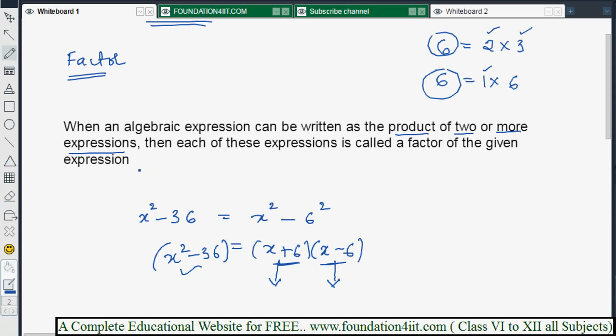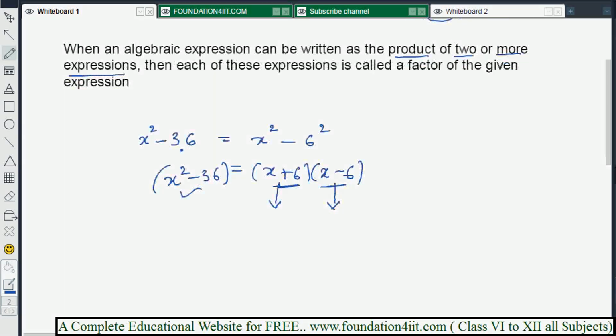So the process of writing an algebraic expression as a product of two or more expressions is called factorization, or the resolution of the given expression into its factors. This is a simple thing. We can take any example, for example x square plus 2x.